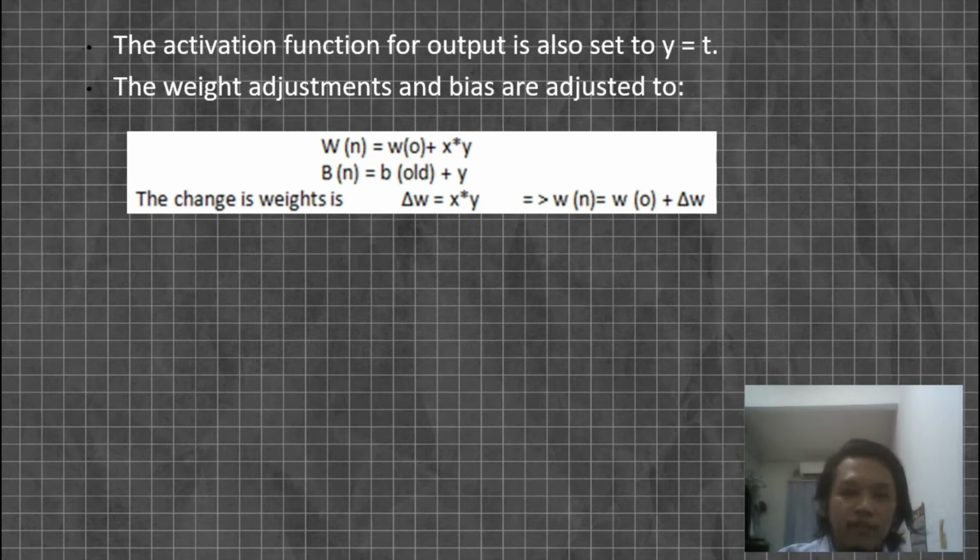And then the bias new equals bias old plus Y. The change of weight is delta W equals X times Y, which is also the same as weight new equals weight old plus delta weight.